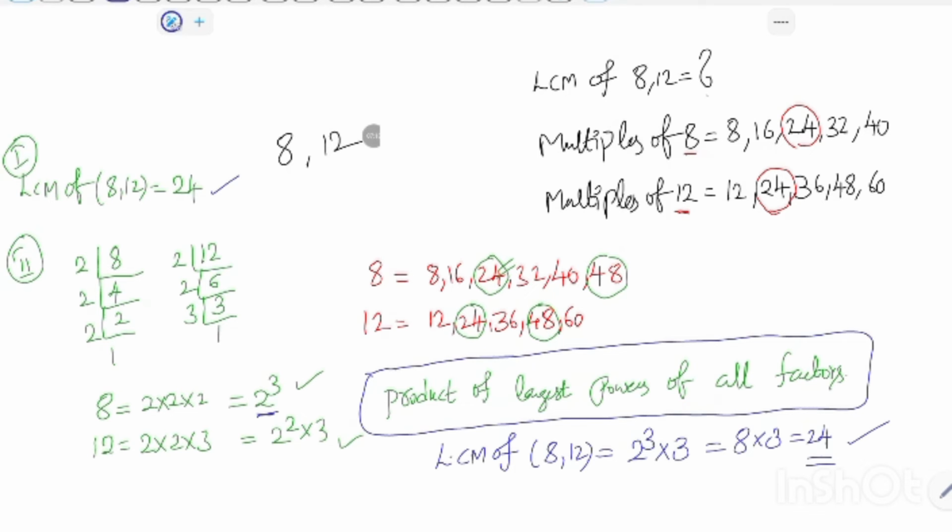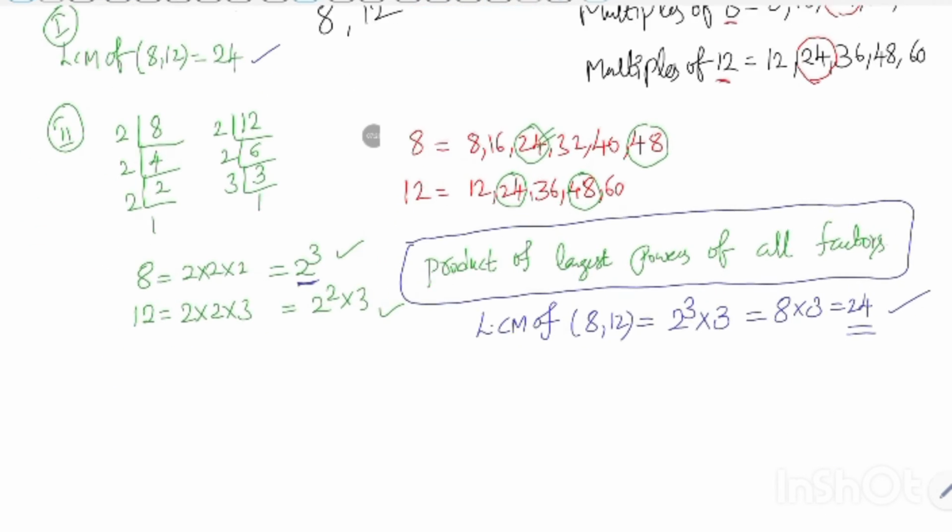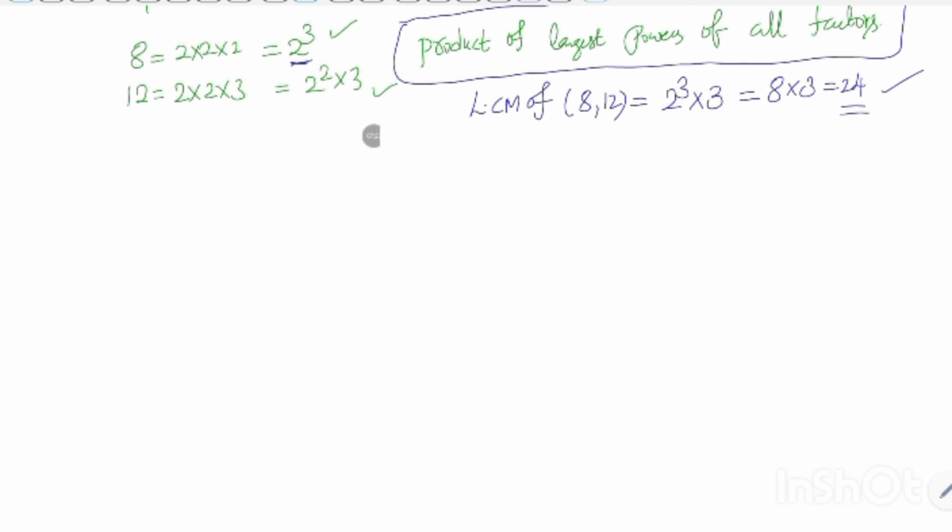Now we'll go for the last method, which is the division method. In all three methods, we will get the same result, obviously. So for 8 and 12, we need to find the LCM.